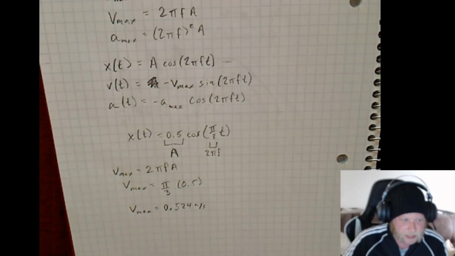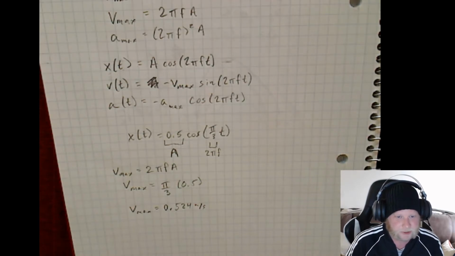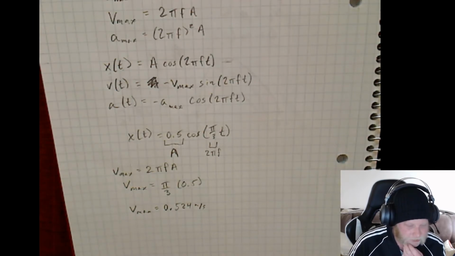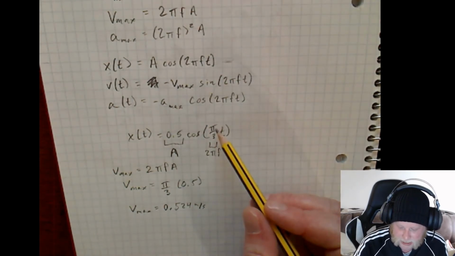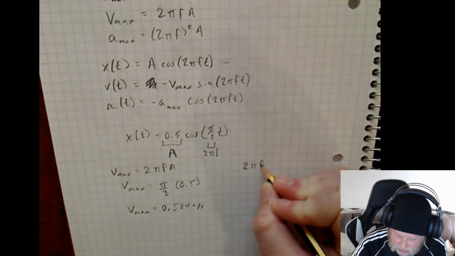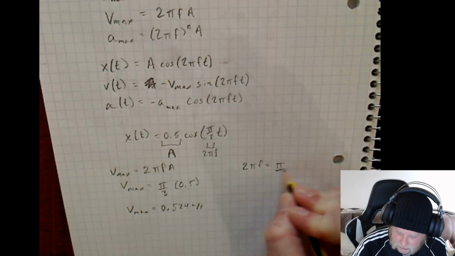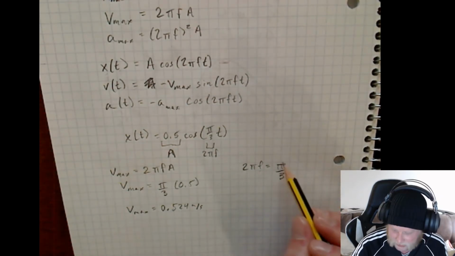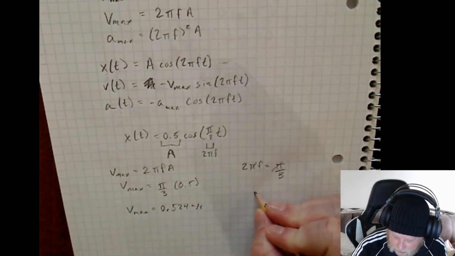Now, question 2 asks, what is the period of oscillation in question 1? Well, we know that period and frequency have an inverse relationship, right? We also know that 2 pi f is equal to pi over 3. So if we set 2 pi f equal to pi over 3, we can solve for f to get our frequency. So our pi's cancel.